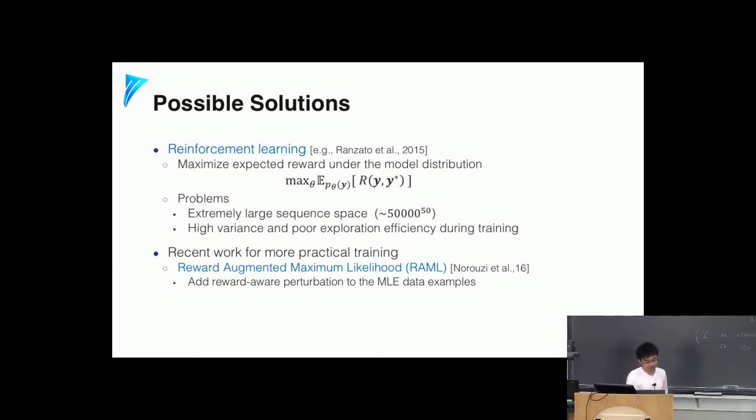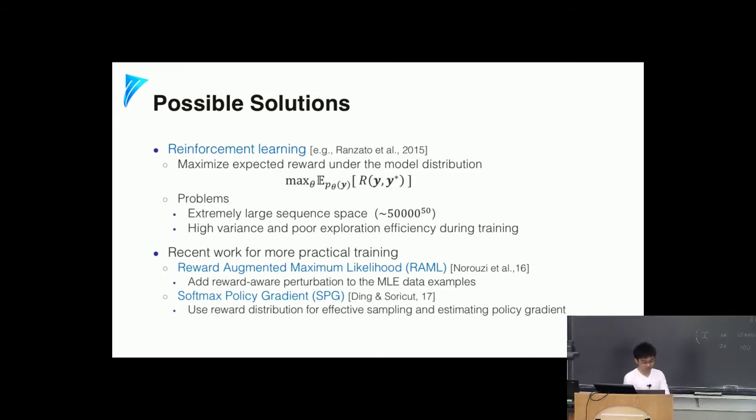But how should we close the gap between the training time and the evaluation time? The method here is that we add some noise to the ground truth data, so that the model will also see some low quality examples, like mistakes or noise, at the training time. So that closes the gap between training time and the test time. And this noise is based on some reward function, like a BLEU score here.